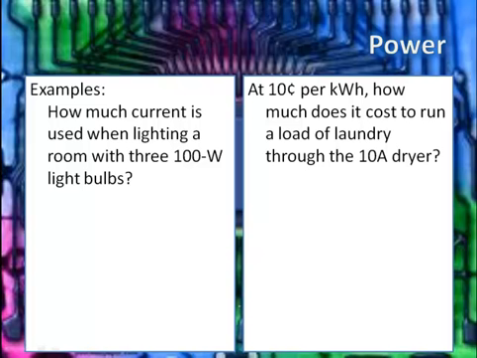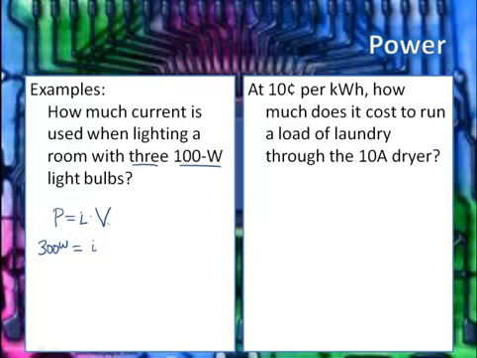Here's a specific example. How much current is used when you light a room using 3 100-watt light bulbs? To answer this, the formula is power equals current times voltage. The power is 3 100-watt light bulbs, so that's 300 watts. The current is what we're looking for, that'll be our variable.